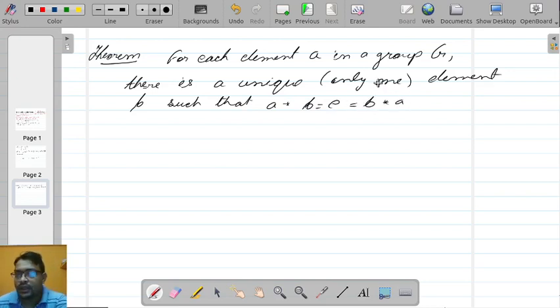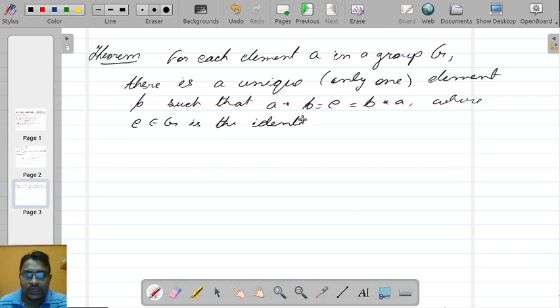where E is the identity element. E belongs to G. Now we will start writing the identity element because we have shown that it's unique.